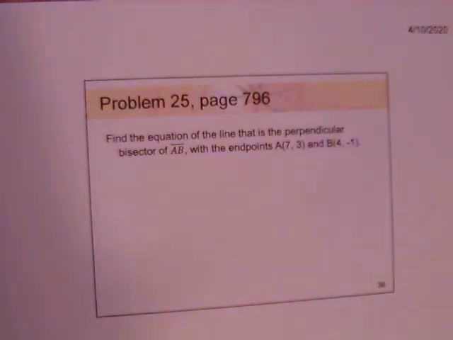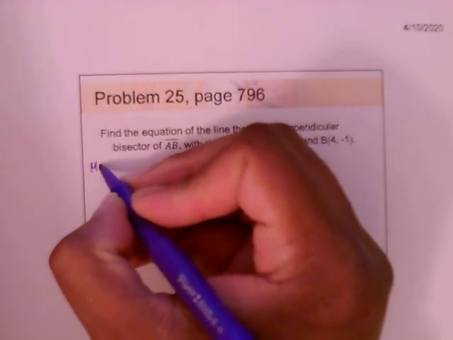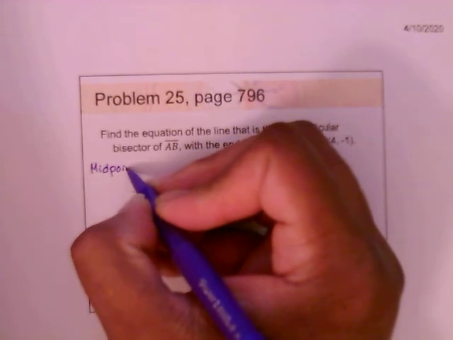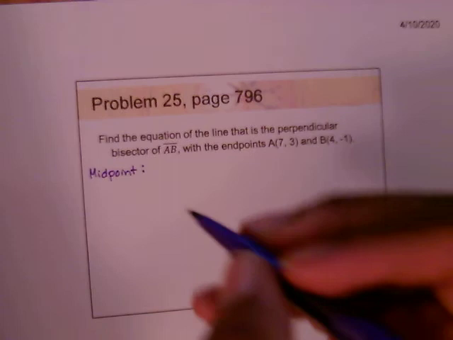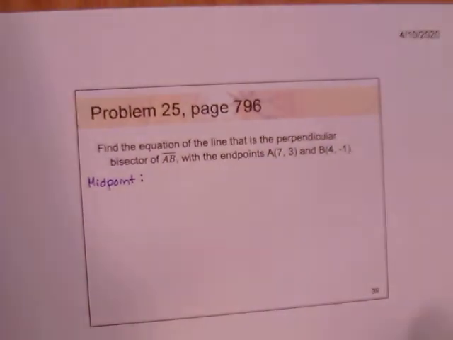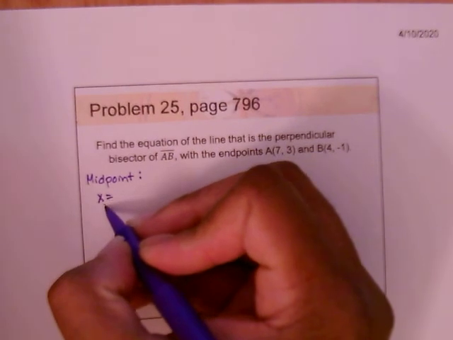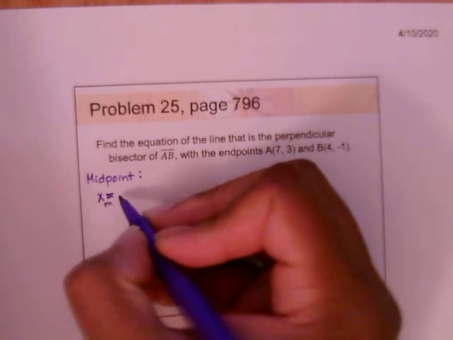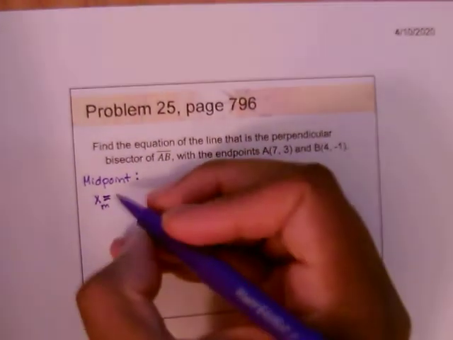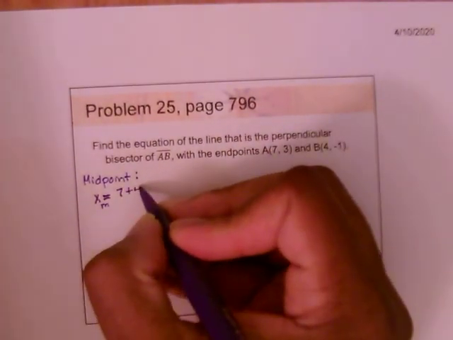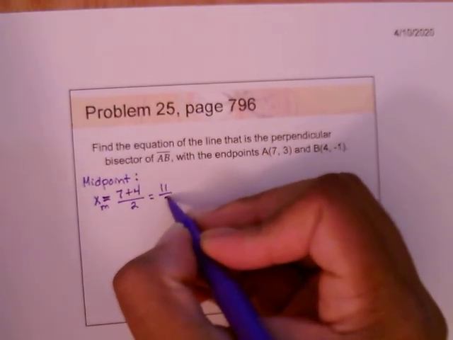So the first thing I need to do there is find the midpoint of AB. So that means here I need the x-coordinate of the midpoint. That's going to be x1 plus x2, 7 plus 4, divided by 2. And that's going to be 11 halves.